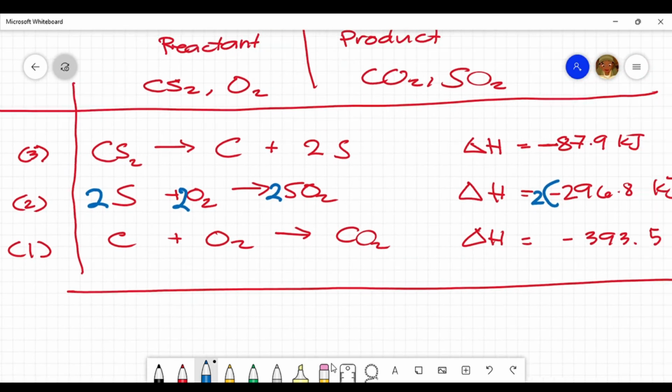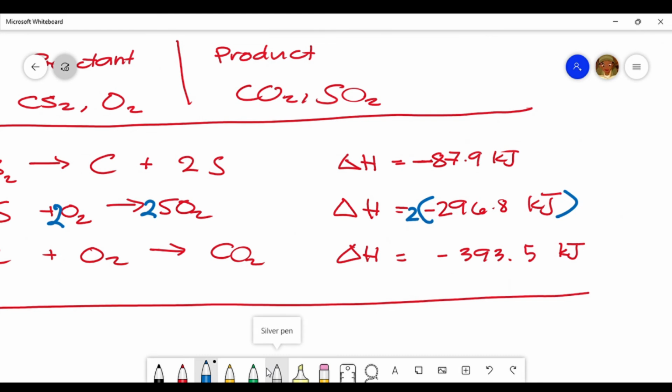Instead of negative 296.8, we now have negative 593.6 kJ.